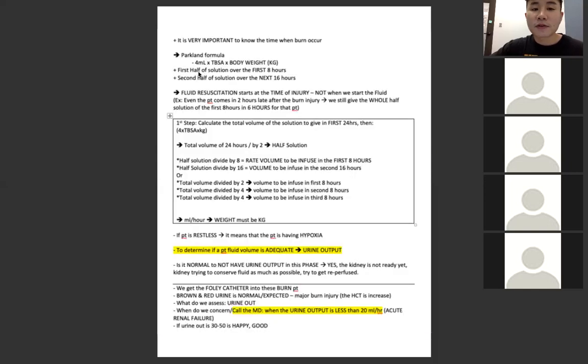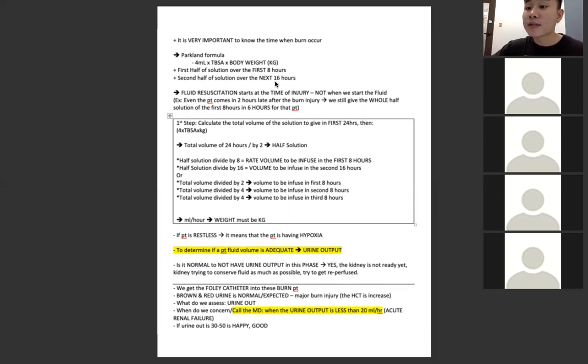Okay. So the first half of the solution is given over the first 8 hours. The second half of the solution is given over the next 16 hours. So for example, in the first 8 hours the patient needs to get 2,000 milliliters, but they don't come to the hospital until 2 hours into the 8 hours.